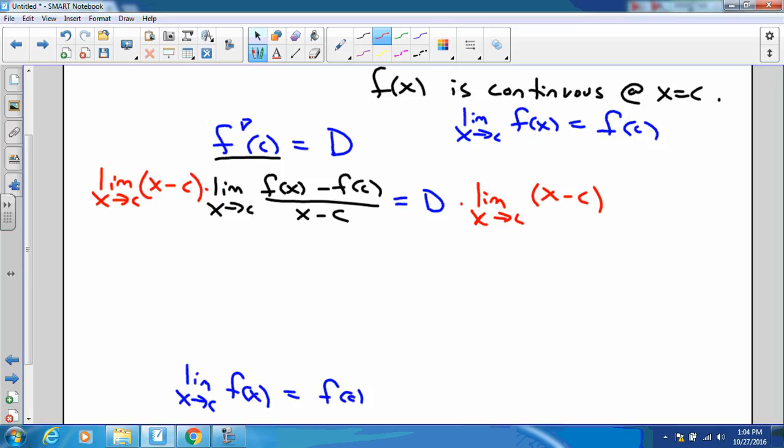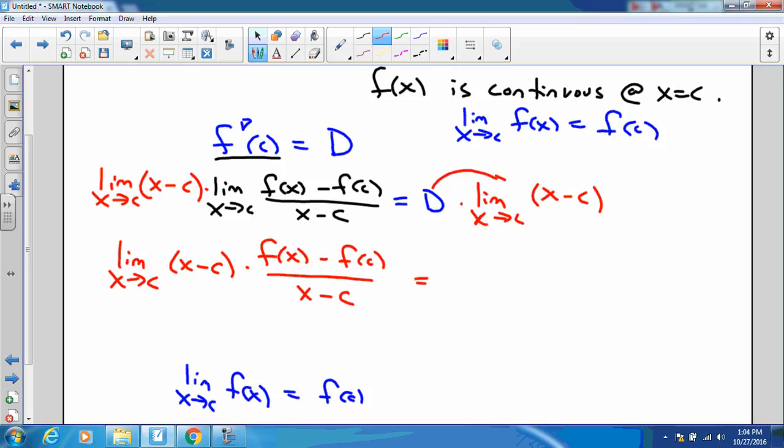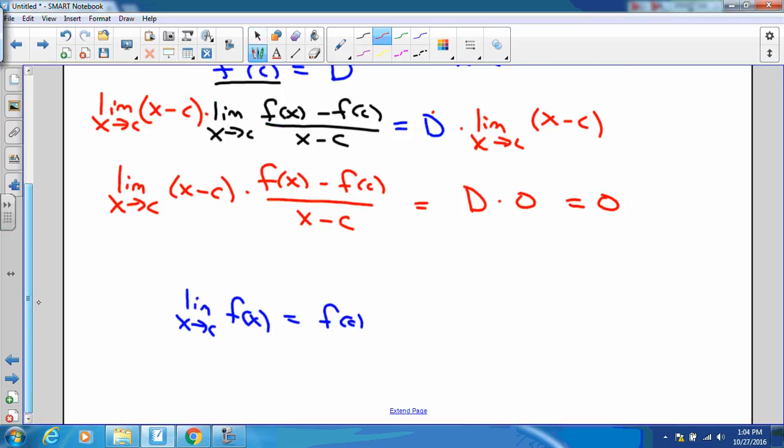Now, on the left-hand side of my equation right here, I can use the product rule for limits to rewrite the product of two limits as the limit of the product. This is using the product rule. The limit of f times g equals the limit of f times the limit of g. And on this side, I'm just going to evaluate directly, because the limit as x goes to c of x minus c is simply 0.